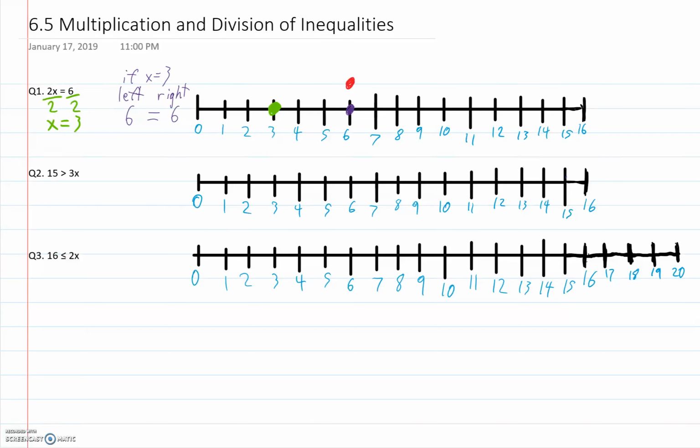They're both 6, right? Now if we were to divide by 2, well, this one would go over half, from where it started to halfway between it and 0. And so would the other one. If they both move over by a half, they're going to equal the same thing.